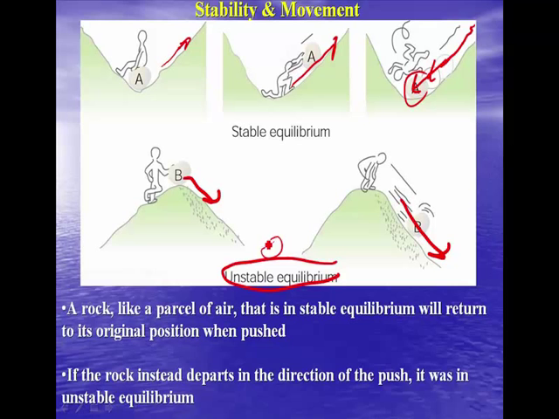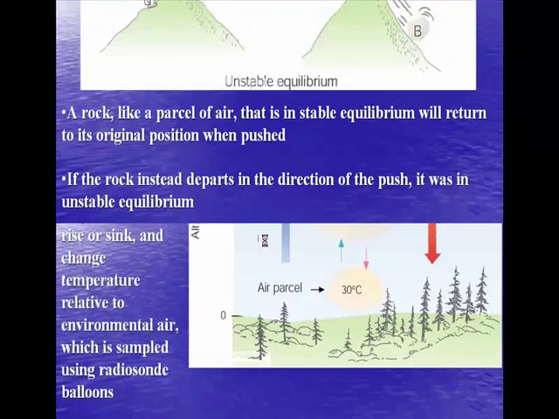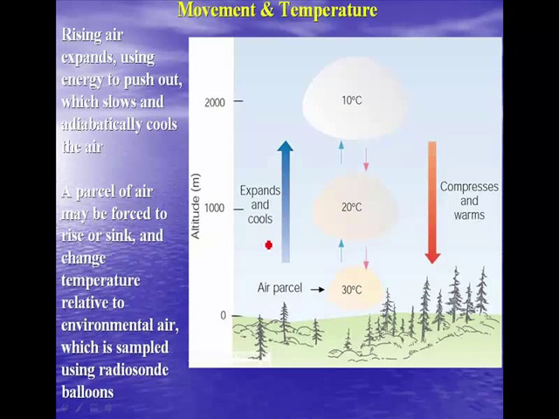So that's really the difference between stability and instability: we begin to move the rock away, and if it returns to its original location, we consider that stable. If we push it and it moves away from its original location, not coming back, we consider that unstable. Well, we can do the same thing with a piece of air, with an air parcel. For instance, we have this air parcel sitting here.